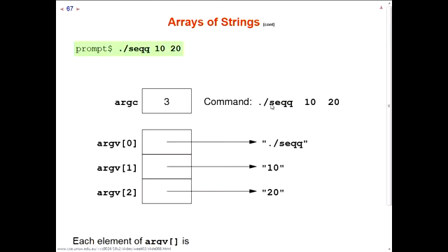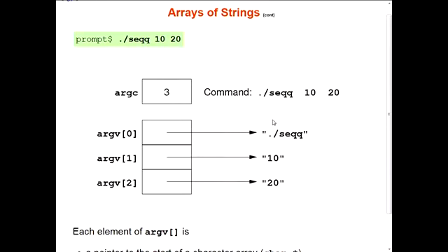This is how it would be represented internally. You would have a value argument counter, which gets the value 3, which is always 1 plus the number of arguments, because you can also access inside the C program the name of the program.